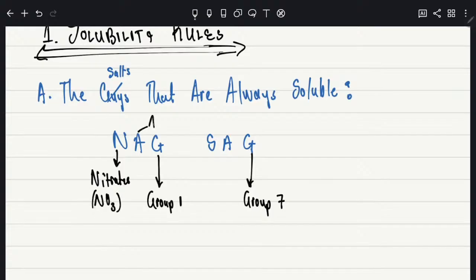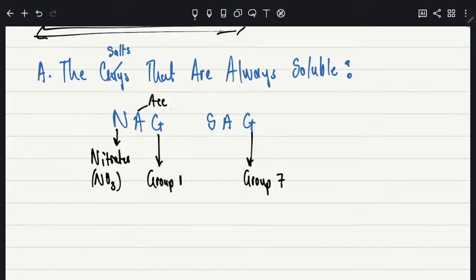This one, acetates. If you want, you can say ammonium salts. Anything with an NH4 is soluble. Then group 1, anything with a sodium, potassium. Do you understand?